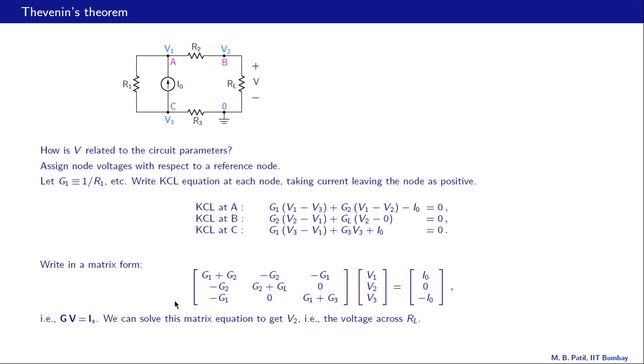And what does Cramer's rule say? It says that V2 is given by D1 divided by D2, where D1 is the determinant of this matrix with the second column replaced with this RHS vector, and D2 is the determinant of this matrix as it is. So let us do that and simplify things after that.